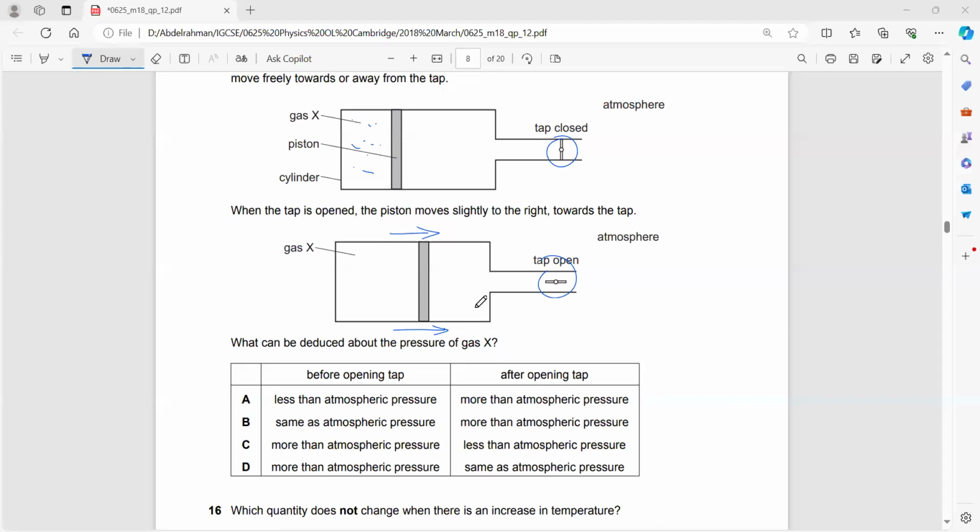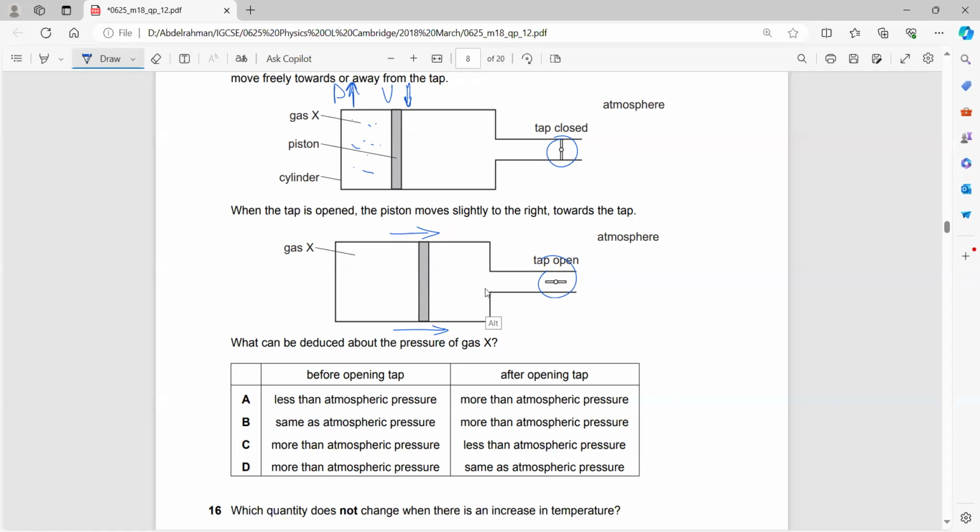Yes, before opening the tap, the pressure was greater. When the pressure increases, what happens to the volume? The volume decreases. As you open up the tap, the volume is now increasing.